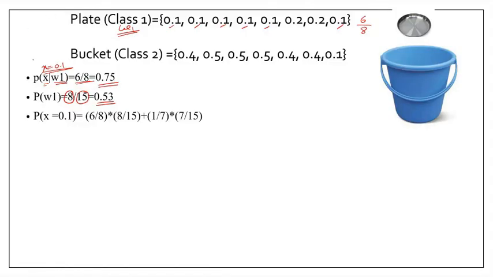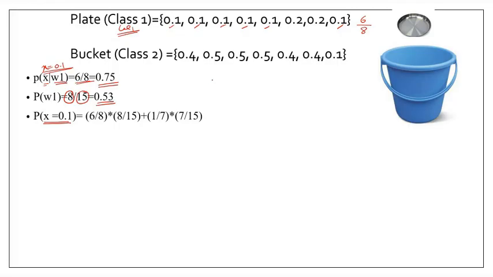Then I want to find out the evidence of 0.1. How many times the 0.1 measurement is appearing, irrespective of whether it is bucket or plate. Why am I doing all this?